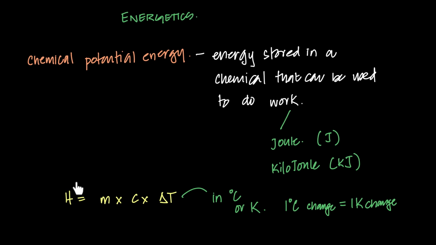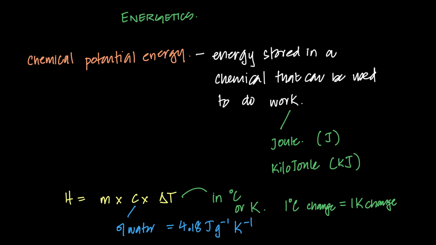This is the heat transferred to and from a system. The heat gained by a body is the mass of the body times its specific heat capacity times its temperature rise, or in this case, if the temperature drops, then it is a temperature drop. To give you a context, the specific heat capacity of water is 4.18 joules per gram per Kelvin.